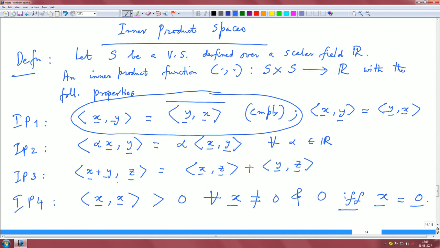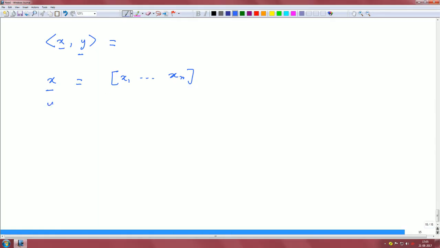Now, suppose I think about the inner product of x and y, right. I have x with coordinates x1 till xn, and the vector y with coordinates y1 till yn.